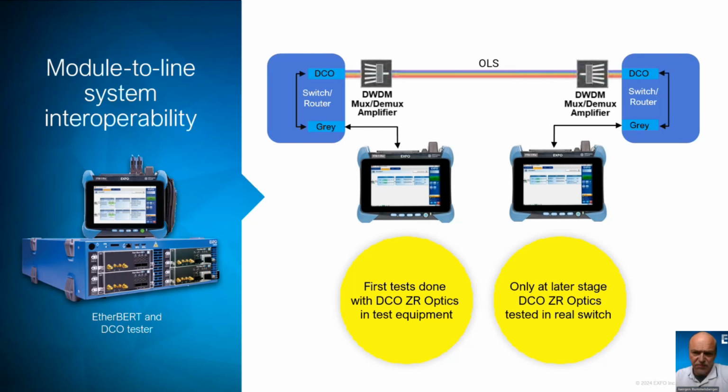In that relation there's no difference. But we have to see that the results as such relate to the interaction between the switch, the transceiver, and the optical line system. So, in other words, it will really include the whole system for testing here.